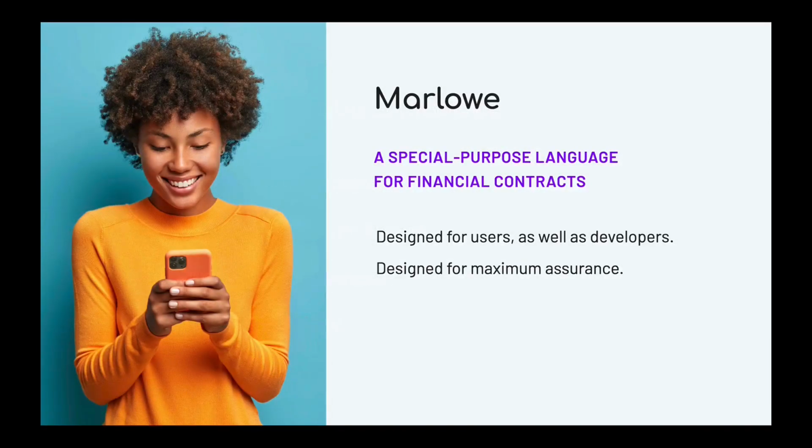So just to summarise, what we have in Marlowe is a DSL, a special purpose language for financial contracts, running on top of Plutus. And because it's a DSL, it allows us to give assurance that it's harder to give for a general purpose language. And also it allows us to orient its design around users as well as developers.